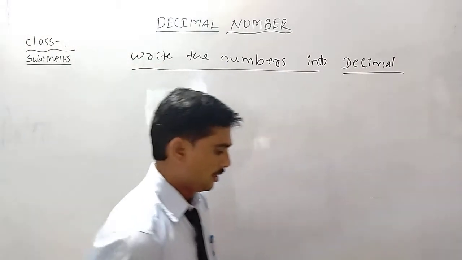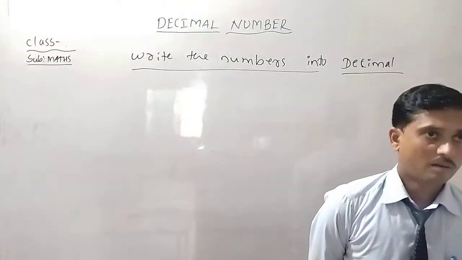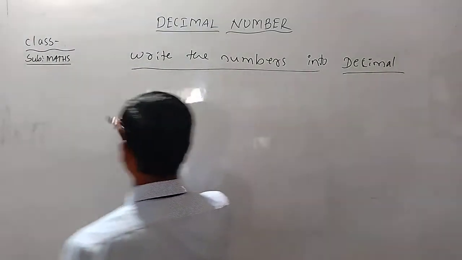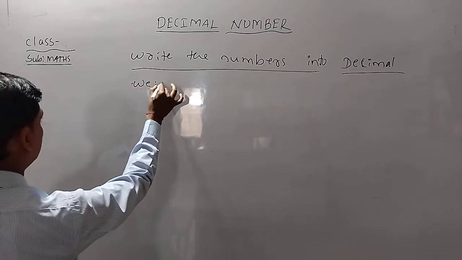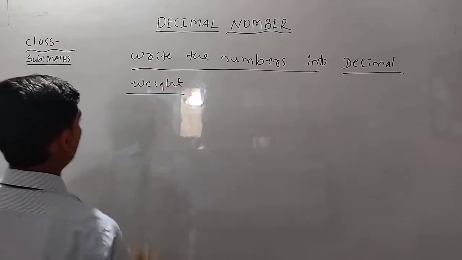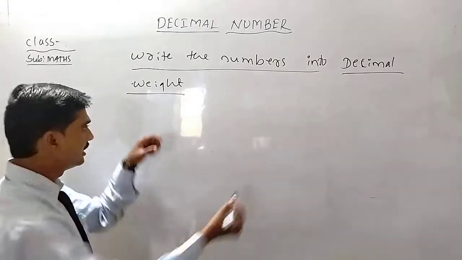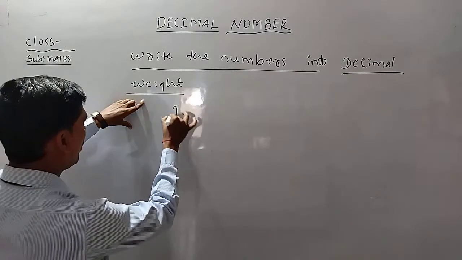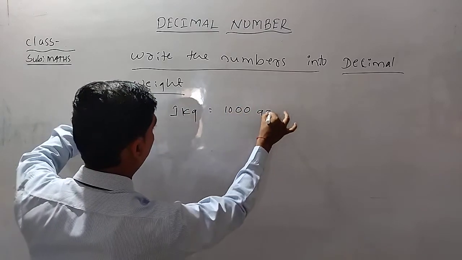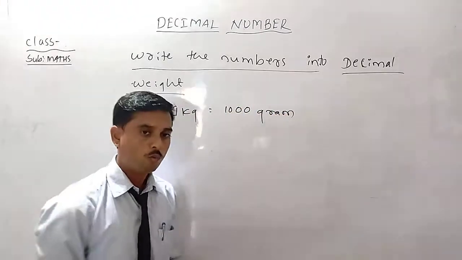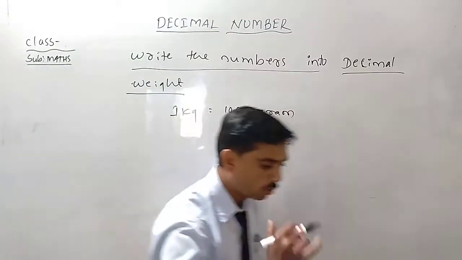Now measurement, weight. Now I am going to tell you about weight. Weight means 1 kg equals 1000 grams.